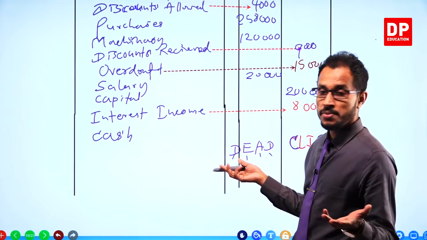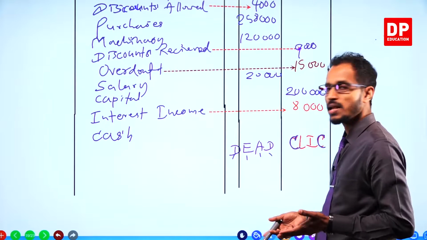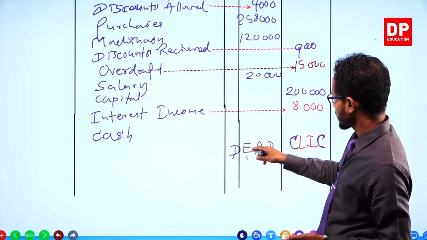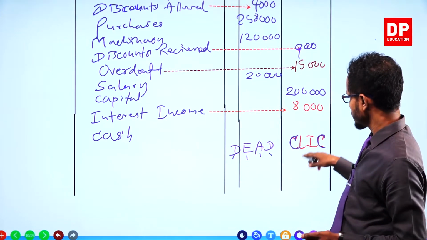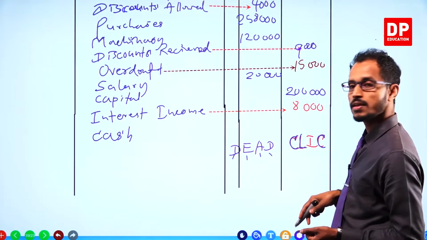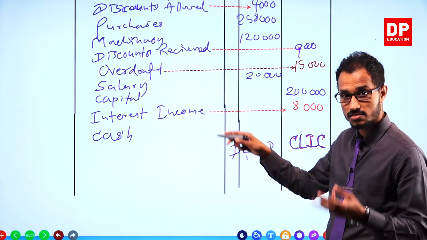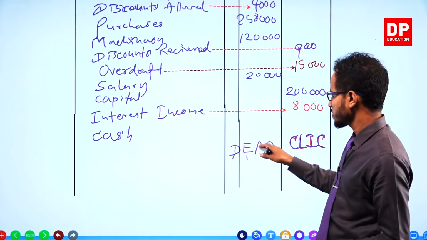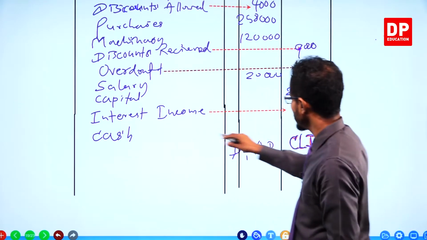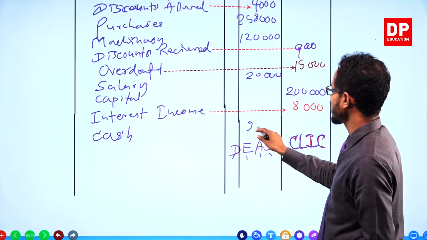Is it an expense? Is it an asset? Is it a liability? Is it an income? Cash balance, the remaining cash balance, cash at hand, asset. So it should be in the debit side.